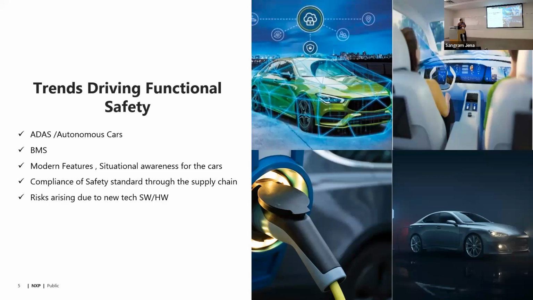Lastly, what we have to make sure is, on one hand, the technology that is coming up helps us reduce human error, thereby making the roads safer. But on the other hand, we have to be sure that the new technology, the new software, the new hardware that is coming up is not adding extra risk to the already existing problems. The latest example is the Boeing plane crash, right?